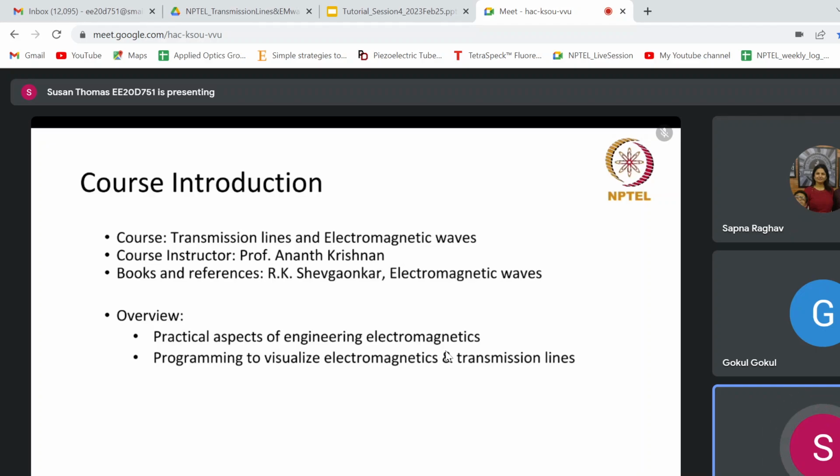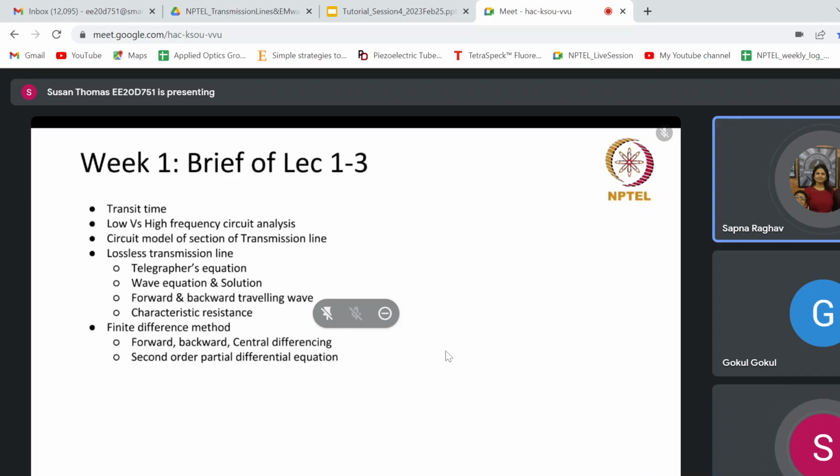Even if you don't understand what each line means, you can try out the same code. So at the end of the day you will be able to visualize what you learn in electromagnetics. That is my suggestion. There are no prerequisites for this course, or just basics of electromagnetics. That's all.